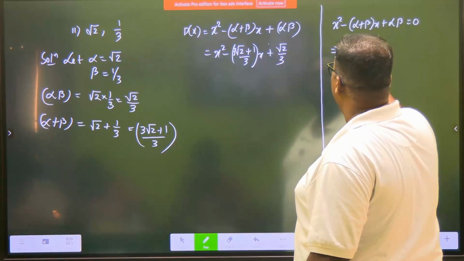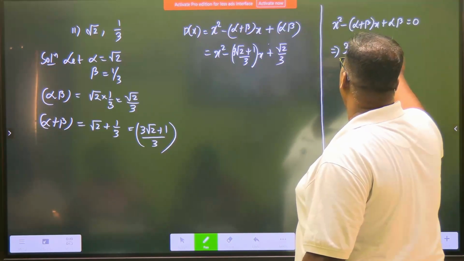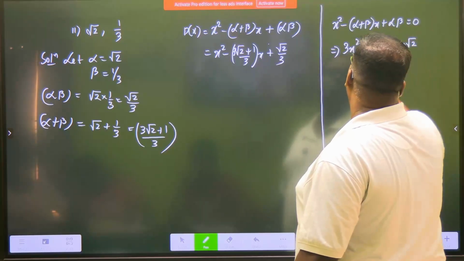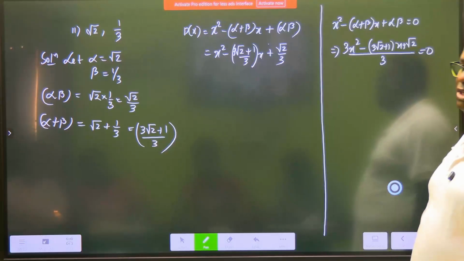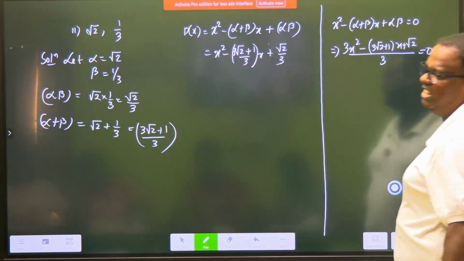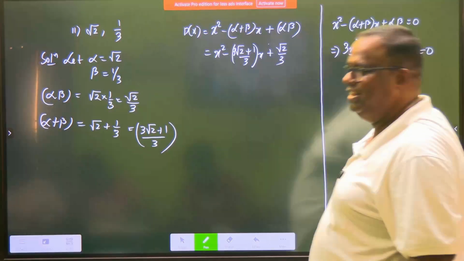It will become 3x square, right, minus 3 root 2 plus 1 x plus root 2, whole thing divided by 3 equals to 0, and finally you can equate the 3 to 0, so it looks more stylish. ये थोड़ा eating noodles with spoon. This is eating noodles with fork, you know, stylish.